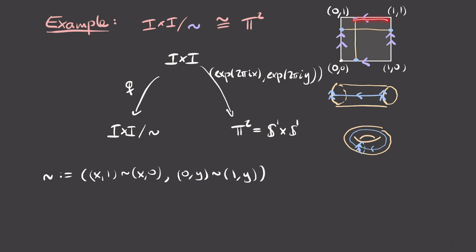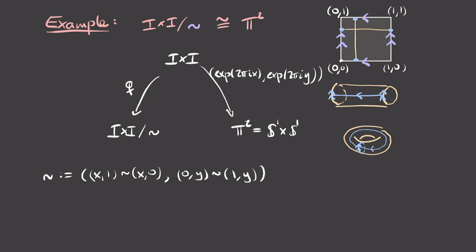Thus, thinking about this coordinate-wise means that any 2 distinct points in the interior of this unit square will have distinct images under this product map, because if you have 2 distinct points in the interior, then either their x-coordinate or their y-coordinate have to be distinct, and we know that the exponential map is injective on the interior of the closed unit interval. Therefore, also the images of one of the coordinates has to be distinct. Therefore, this product map here is injective on the interior of this unit square.